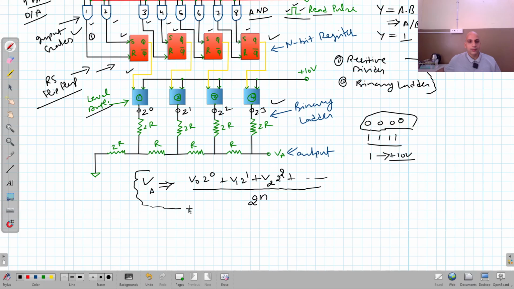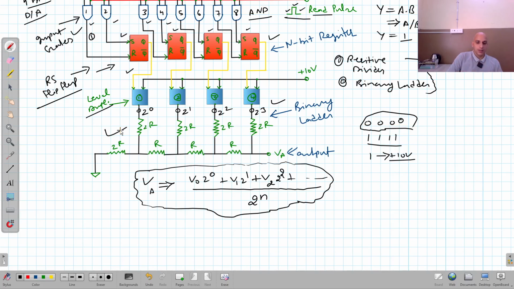This is the formula that I derived in the previous lecture, but this was basically for the functional unit, and actually the conversion is taking place in the functional unit, right? But we need additional circuit in order to use this binary ladder in any digital machine, right?